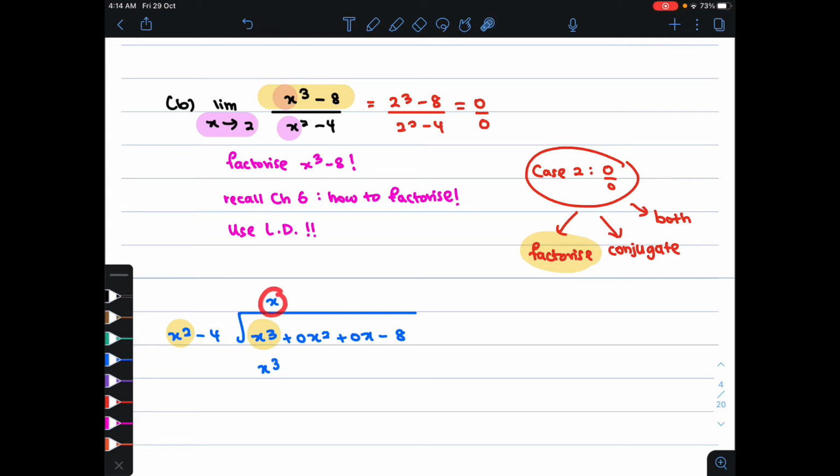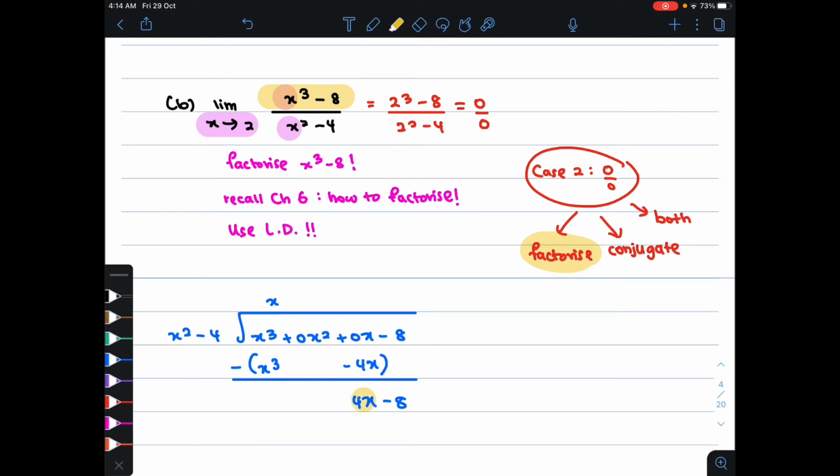Next, we have x times negative 4, so this is negative 4x. Put negative 4x underneath the term with x, and then subtract as per usual, and we'll get the remainder is 4x minus 8.